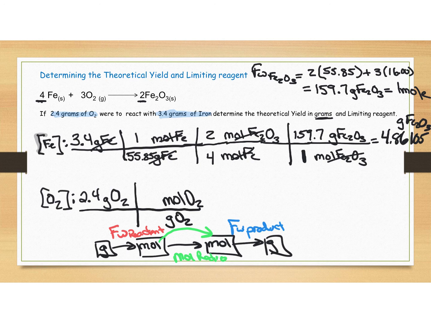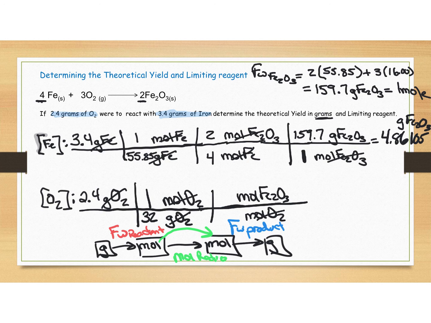So I got to take 2 times 16 to give me the 32 grams. So there's 32 grams of oxygen in 1 mole of O2. Moles of O2 go in the bottom, and moles of Fe2O3 go in the top. Put the moles of O2 in the bottom because I want them to cancel out.